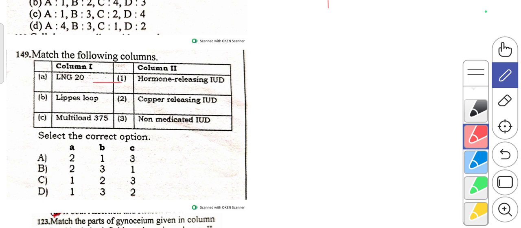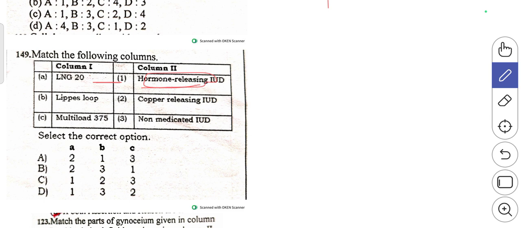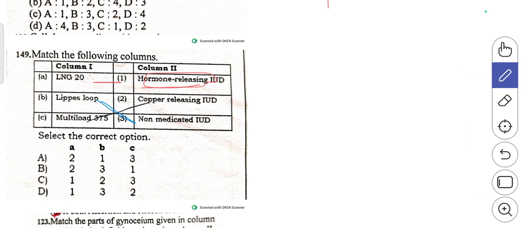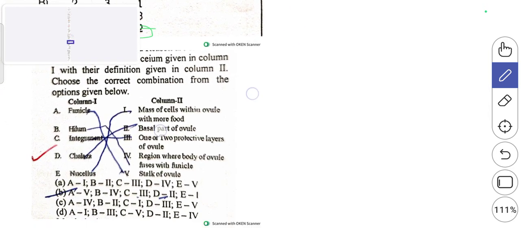Then Lippes loop, it is one of the non-medicated IUDs. Then Multiload 375, it is one of the examples of a copper releasing IUD. So hence the right answer for this one is A1, B3, C2, that is the D option. So we'll discuss the next one.